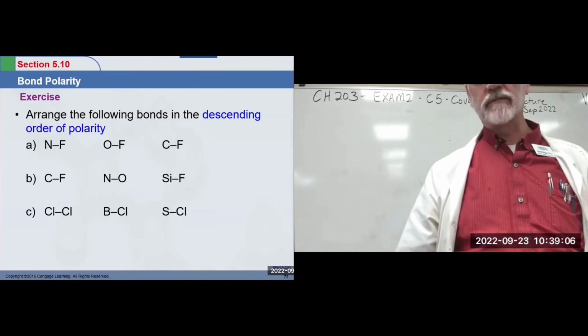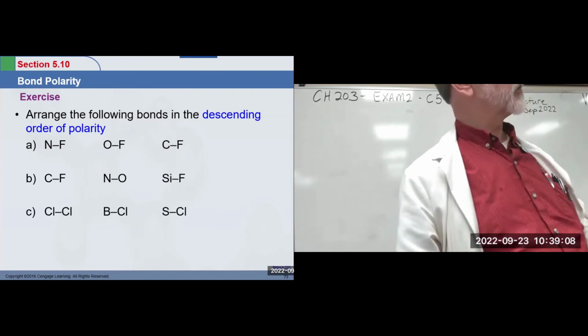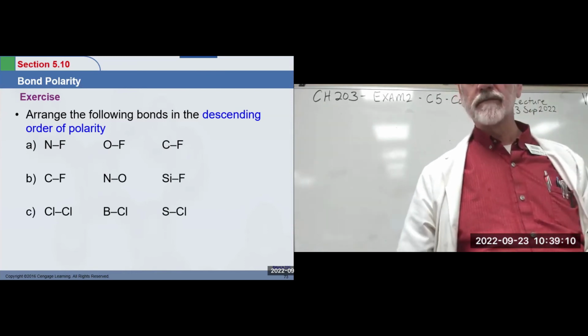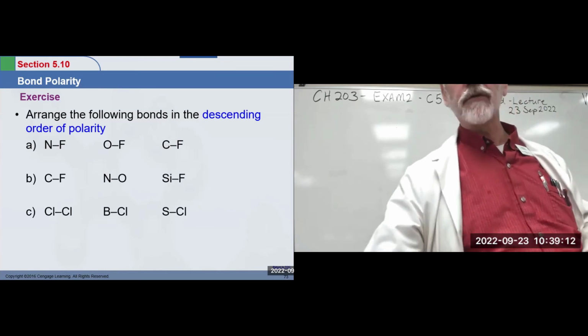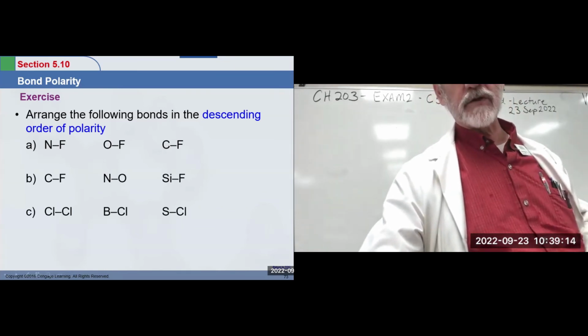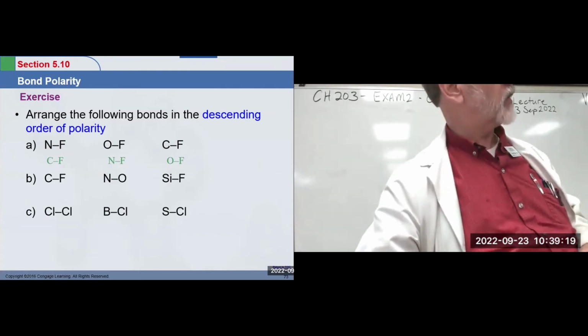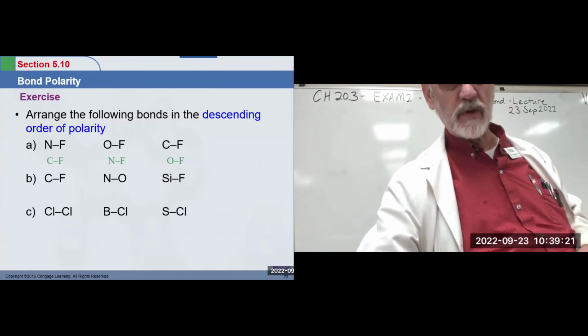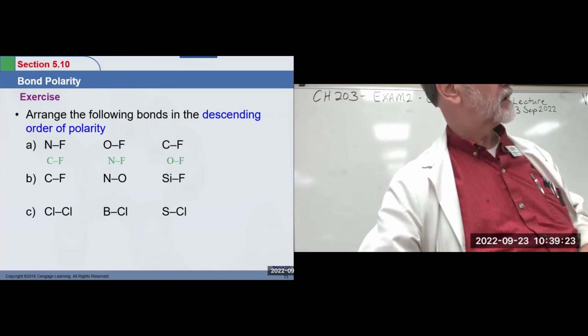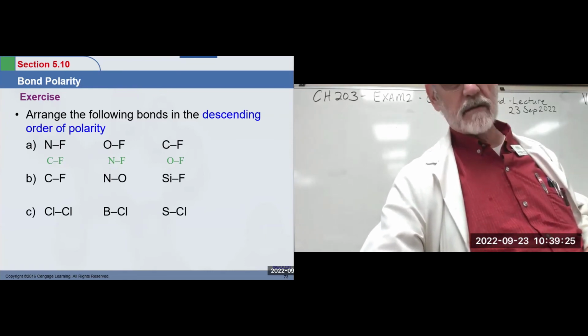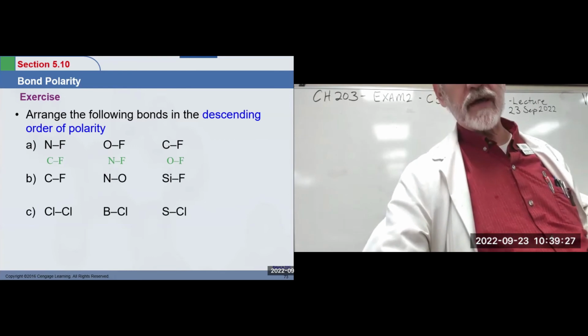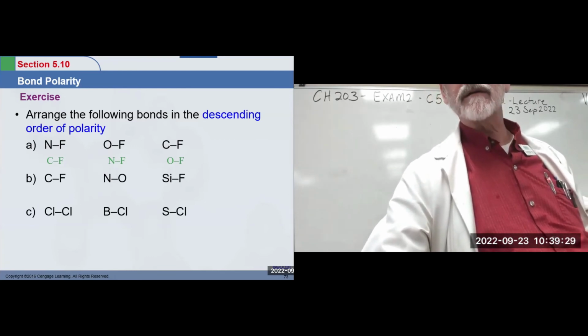So it'd be the last one. The next one would be oxygen. And the first one would be nitrogen. Descending order of polarity. Oh yeah, oxygen and fluorine, they're closer together. Did I say that right?